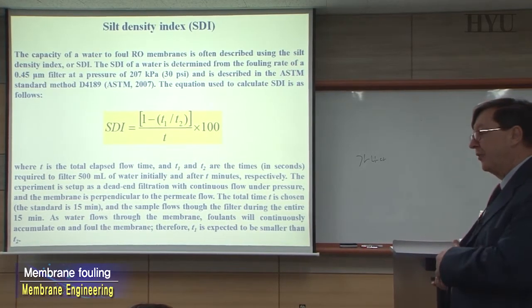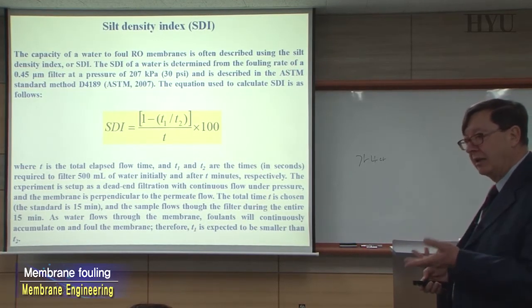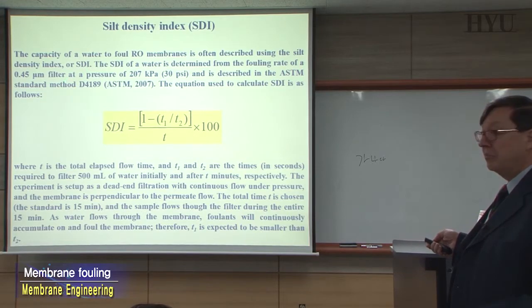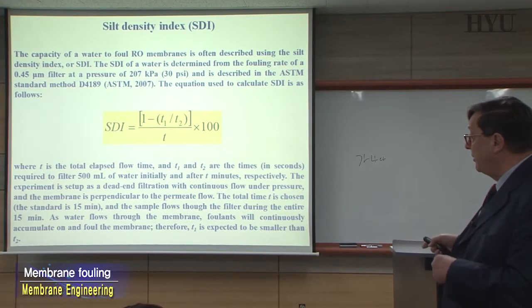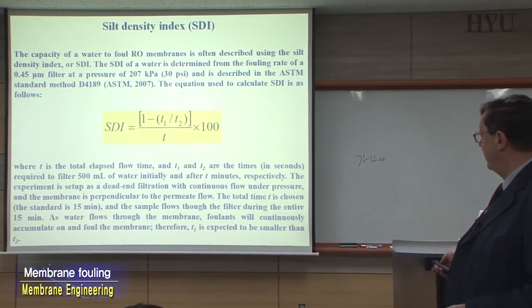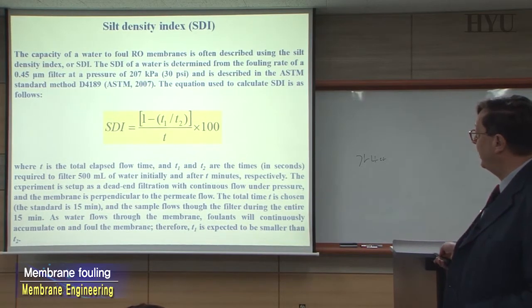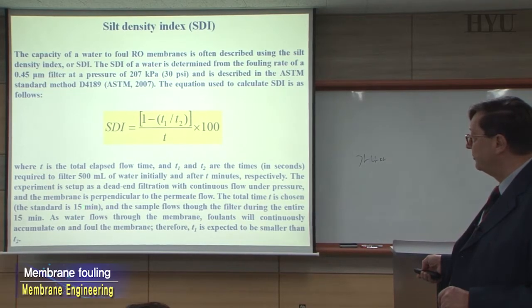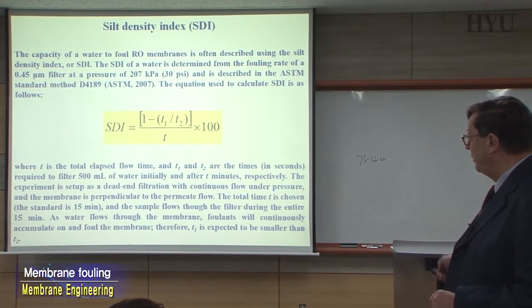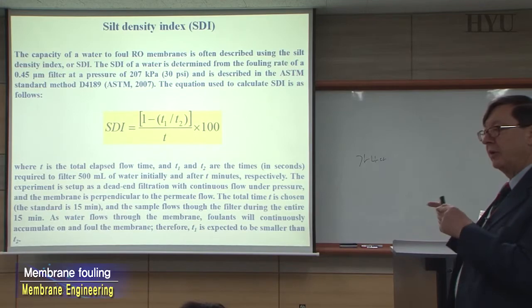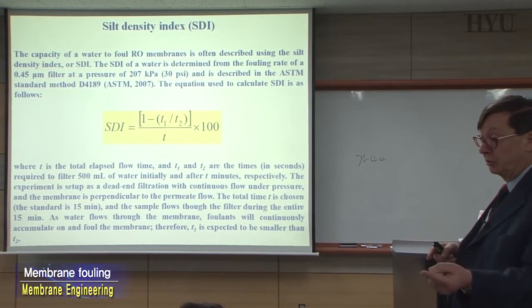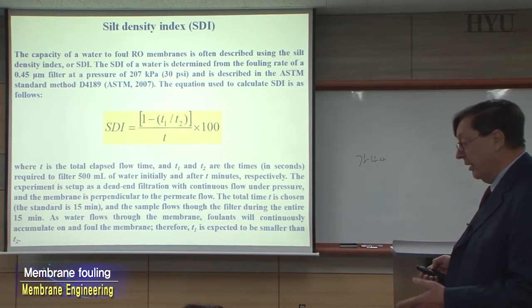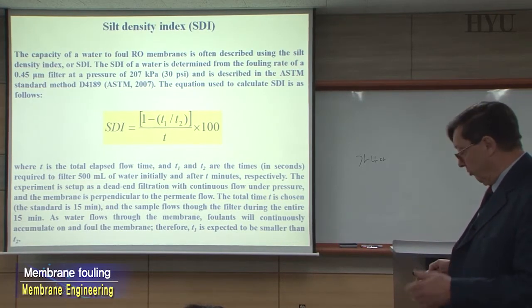After the total time, you measure again, and you have a different time necessary for filtering these 500 milliliters. The total time that you have to decide is normally defined as standard, 15 minutes. Okay? So this is the way to tell if your solution can go through your membranes or not, for avoiding fouling problems.